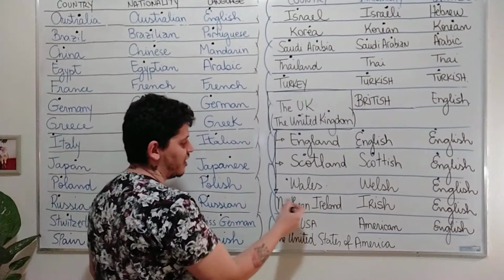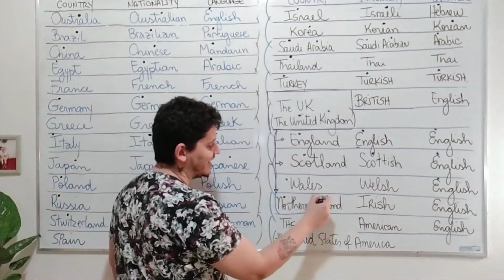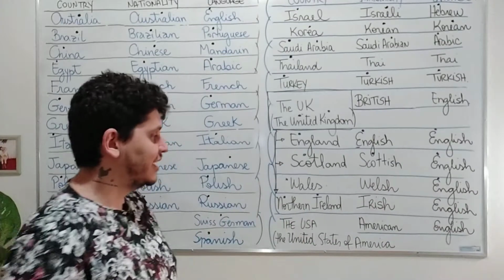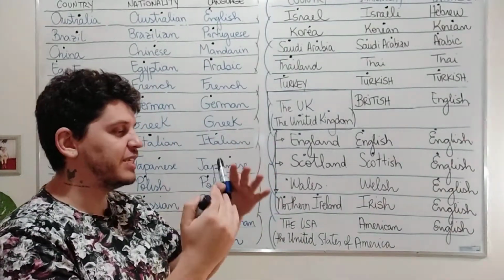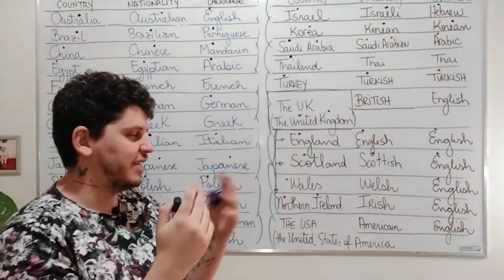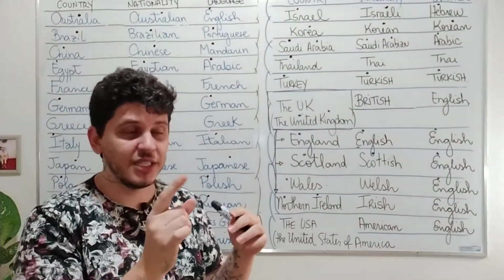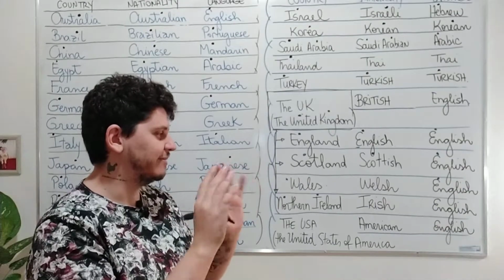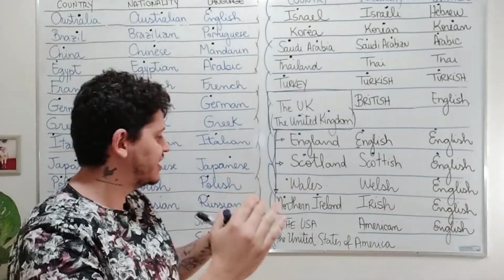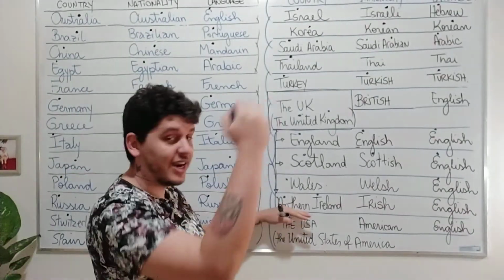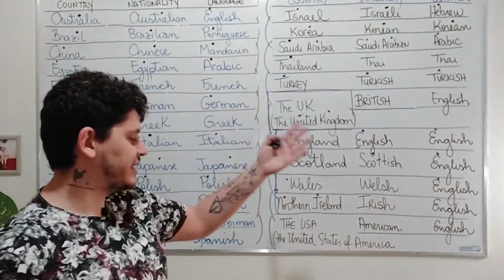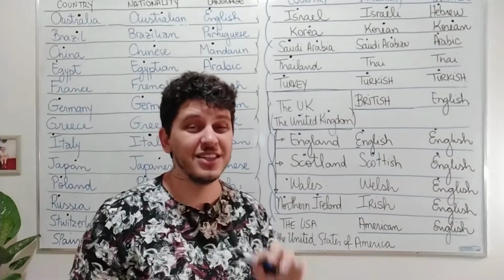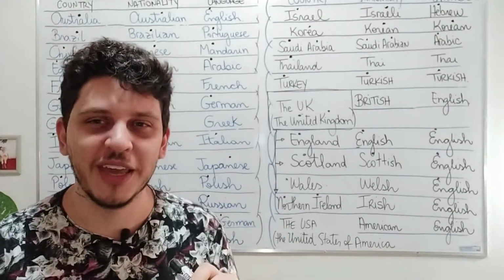And now we've got Northern Ireland. So you know that Ireland is one country, but there are some differences in terms of politics, ideology, principally religion, and they decided to kind of split up, right? So we now have the Northern Ireland, which is still part of the UK, but the south part of it, the Southern Ireland, is not part of the UK anymore, okay?